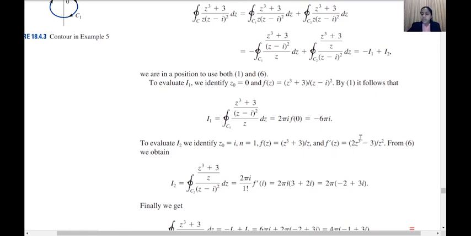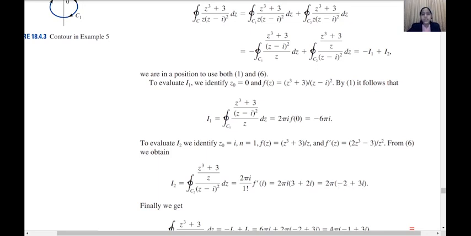So this value will be (2z cube minus 3) divided by z square. So this integral will be equal to 2 pi i divided by 1 factorial into f dash at i, that is (2i cube minus 3) divided by i square. So that value comes out to be 2 pi i into (3 plus 2i), which is equal to 2 pi into (minus 2 plus 3i).